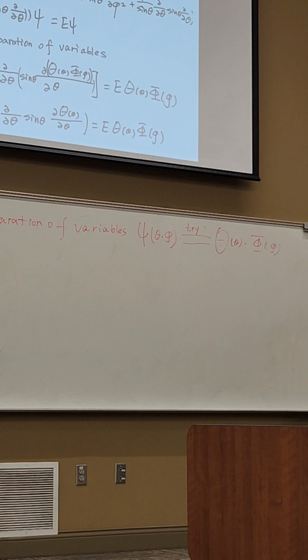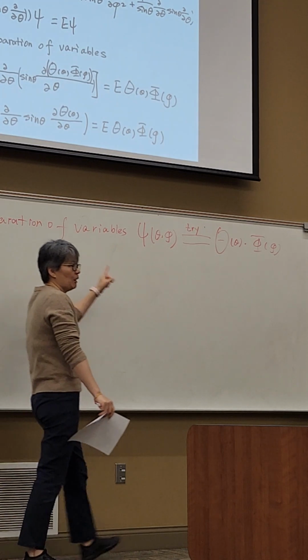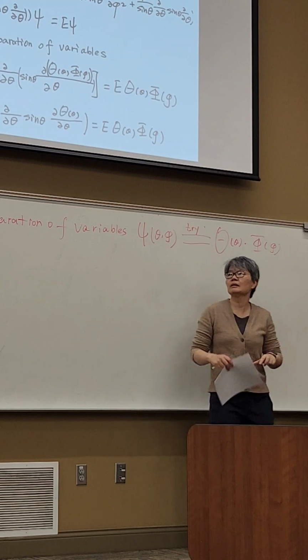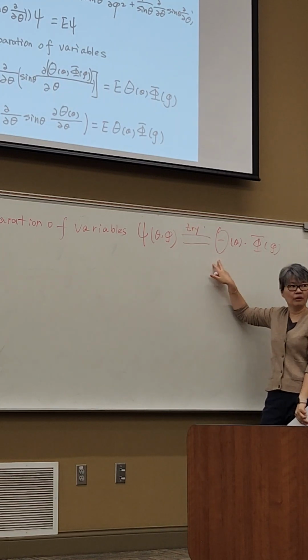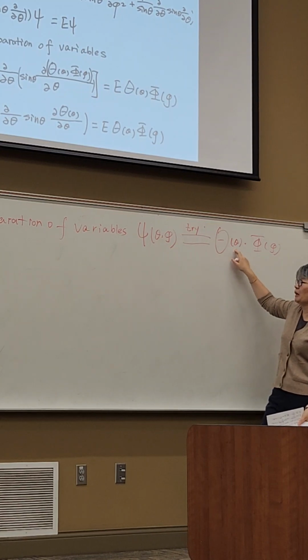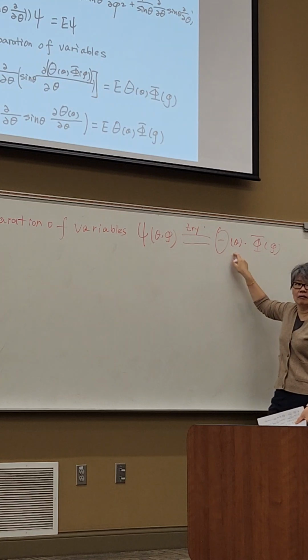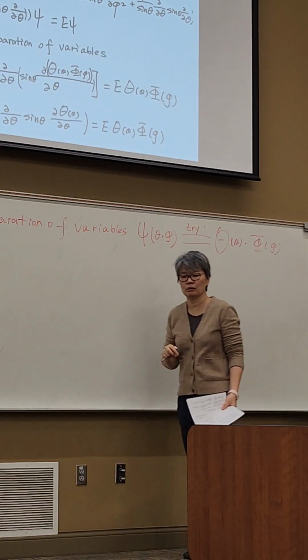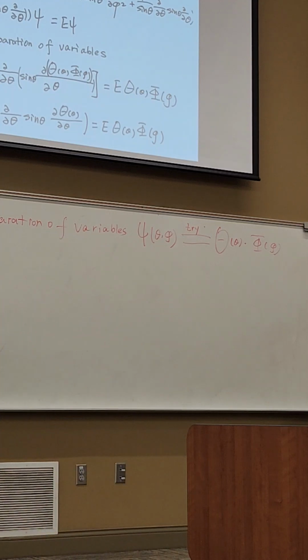Now here, this is a psi wave function, depends on two variables. So can I make it into one, which one is a capital theta, just a symbol. You can use F or G, whatever you want to do, to indicate the function only depends on the variable of the theta angle here. And then the other function, we use a capital phi to name that function that only depends on the phi variable.